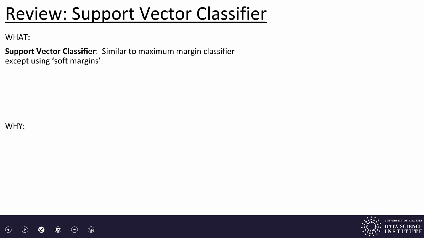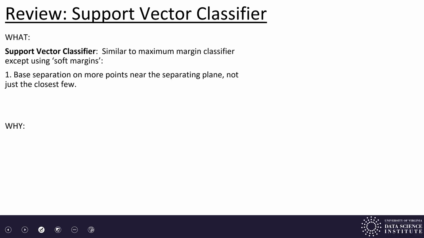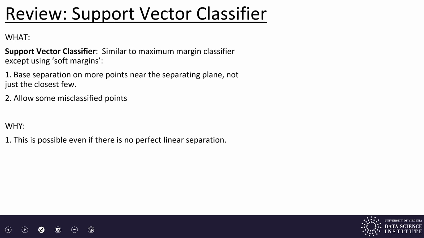So, a review of what we've talked about in this video. We've talked about the support vector classifier, similar to the maximum margin classifier, except we use soft margins. It bases the separation on more points near the separating hyperplane, not just the closest few that lie on the margin, and it allows for some misclassified points. Why would we do this?